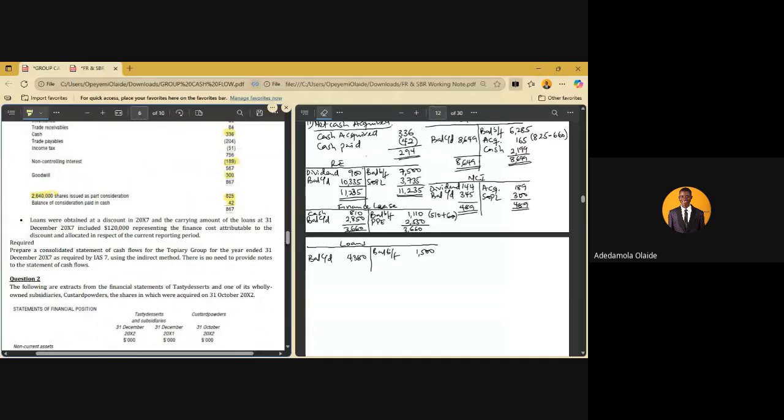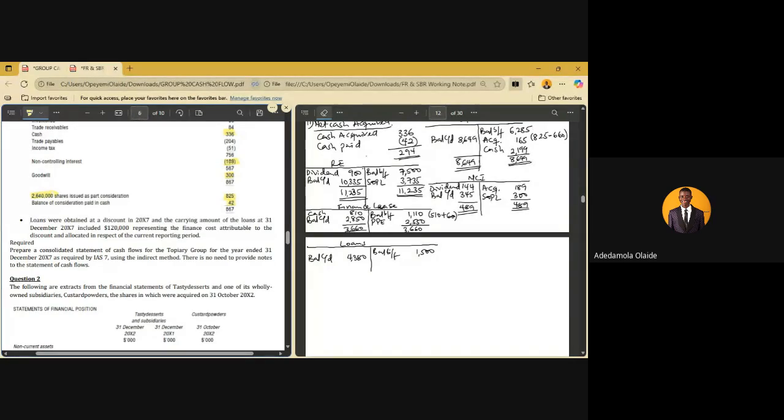They said loan were obtained at a discount in 20x7, and the carrying amount of the loan at 31 December 20x7 included 120,000, representing the finance cost attributable to the discount and allocated in respect of the current reporting period.